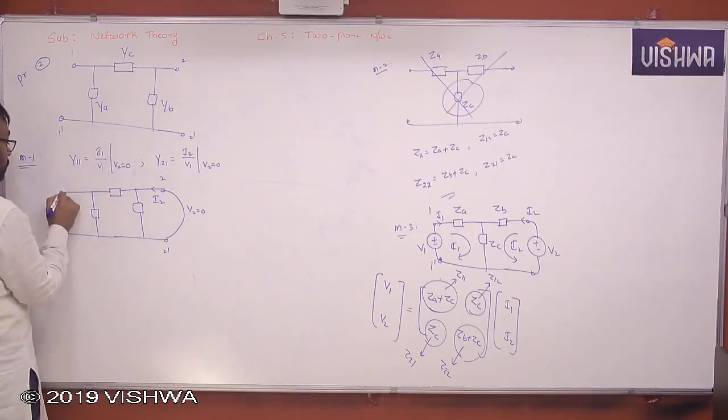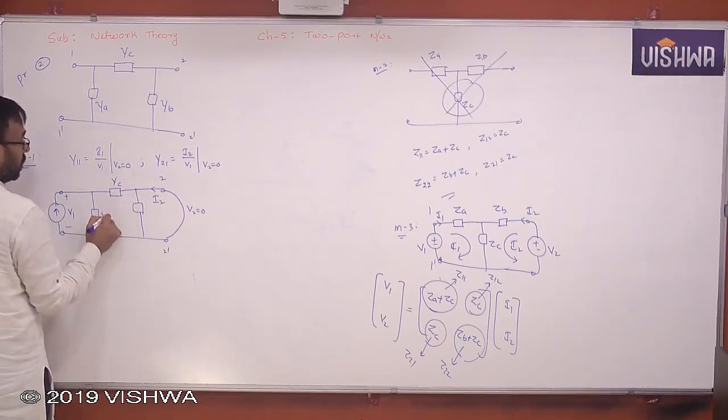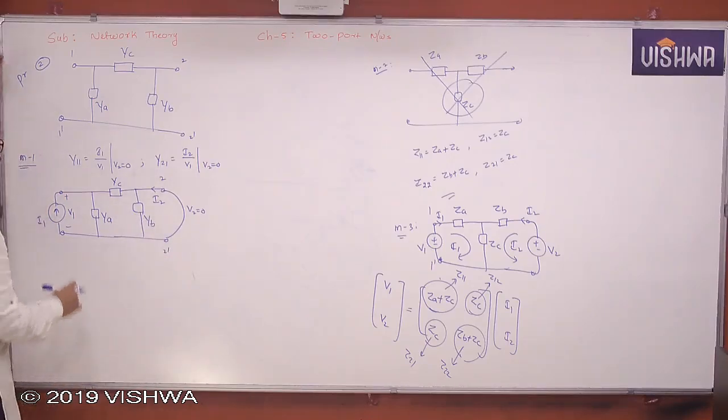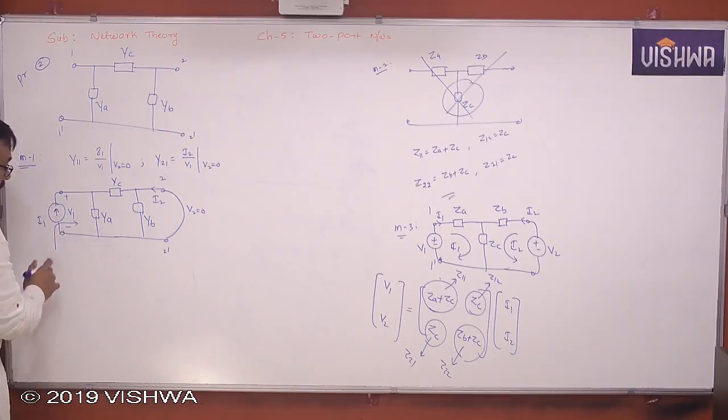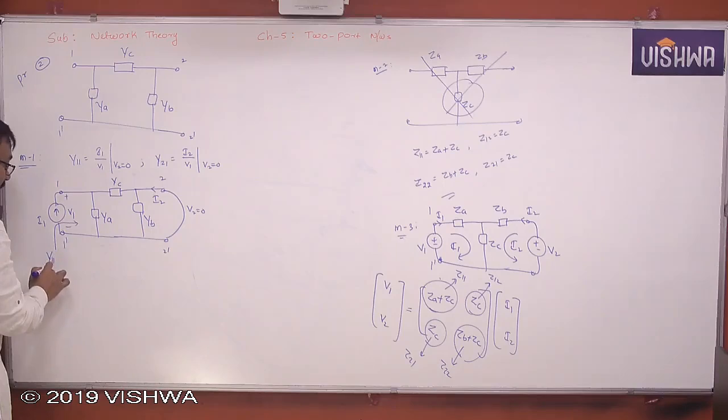So now let us excite it by some current source I1, with voltage V1. What is this? YC, YA, YB. I want Y11. Y11 is nothing but input admittance. After shorting the terminals of 2, whatever admittance you measure across 1 1 dash will be defined as Y11.